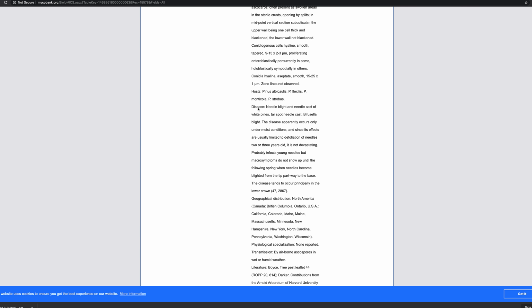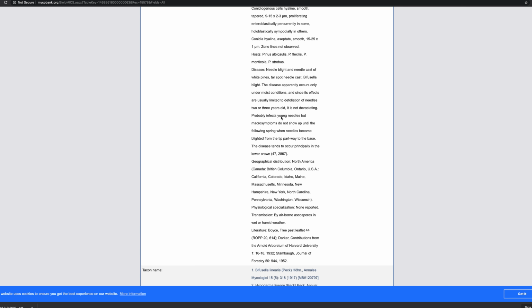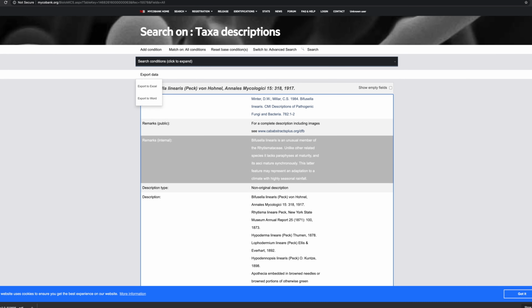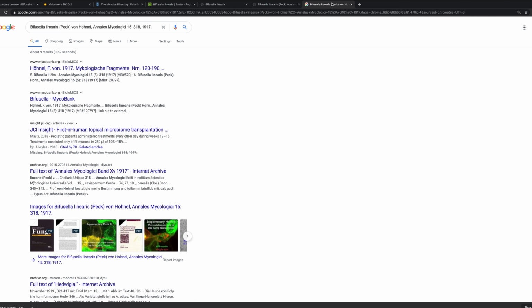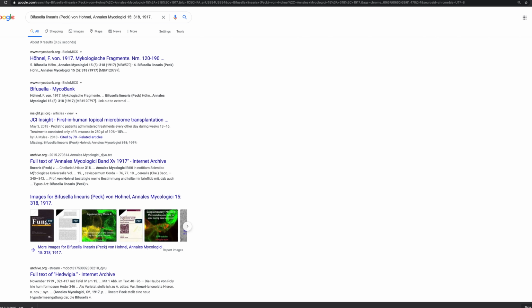And here we have a description of the disease that this fungi causes. So needles means the leaves of the tree. Since it's a pine, it doesn't have leaves, it has needles. Okay, we're gonna keep this reference here and we're gonna keep searching.